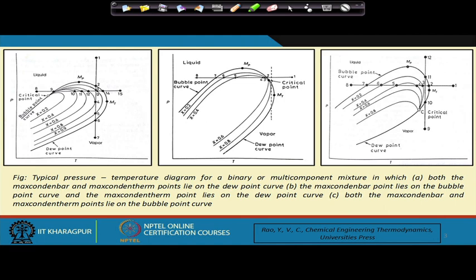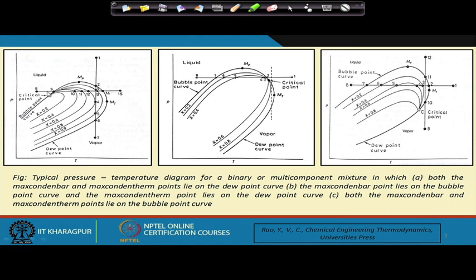They can coexist at temperatures and pressures higher than the critical point. The highest temperature at which the liquid and vapor can coexist is known as the cricondentherm or the maxcondentherm temperature. The highest pressure at which liquid and vapor can coexist is known as the maxcondenbar pressure or the cricondenbar pressure.